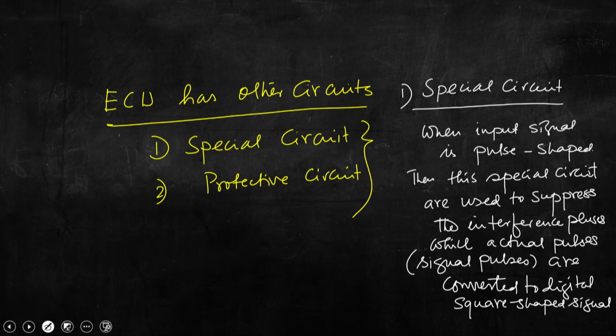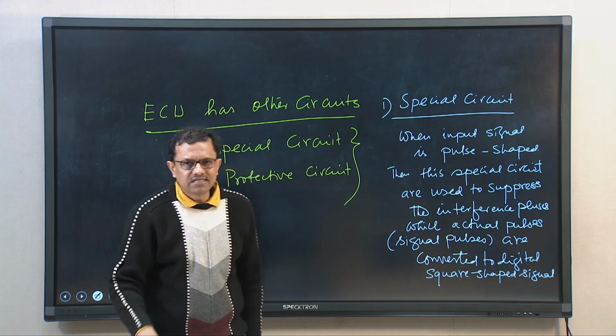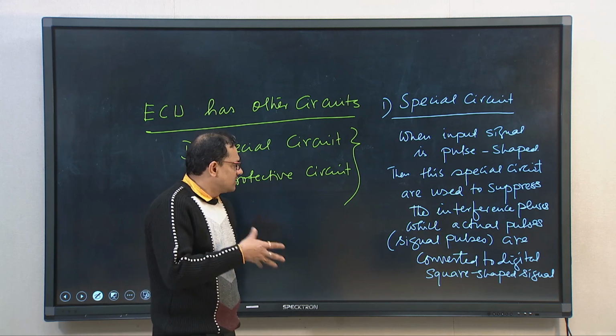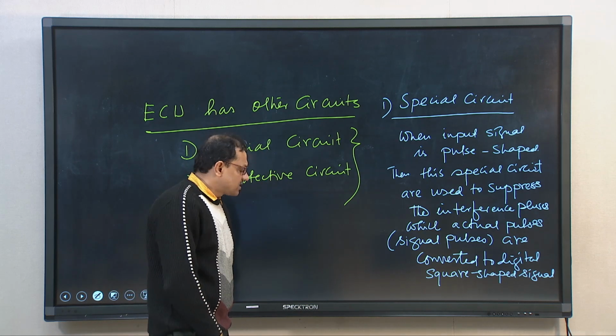So, that means if there are pulse shaped signals, then there will be a few interference pulses.